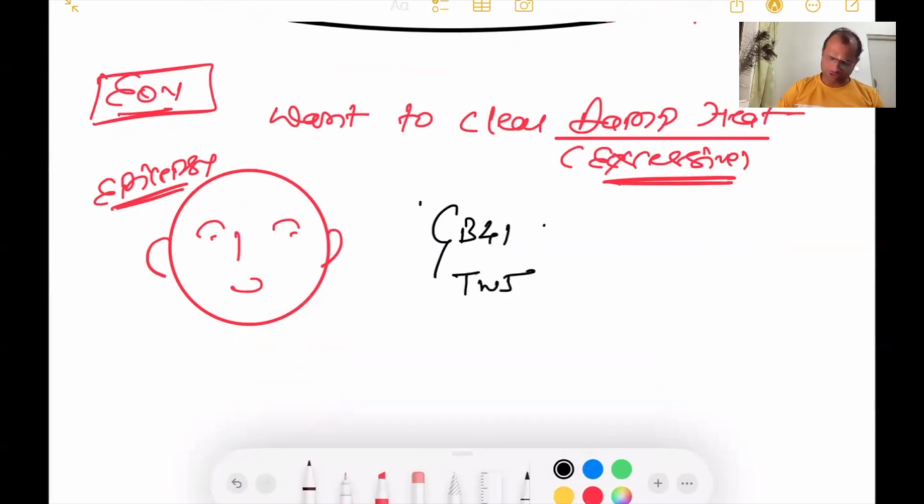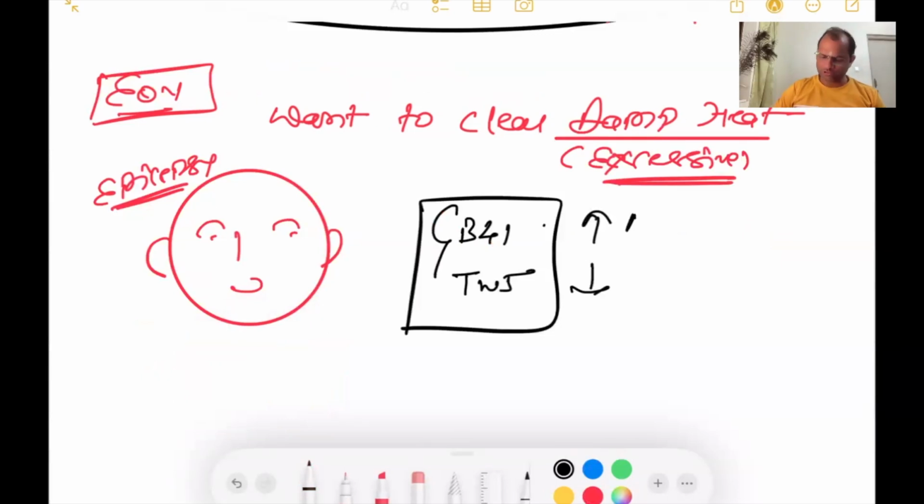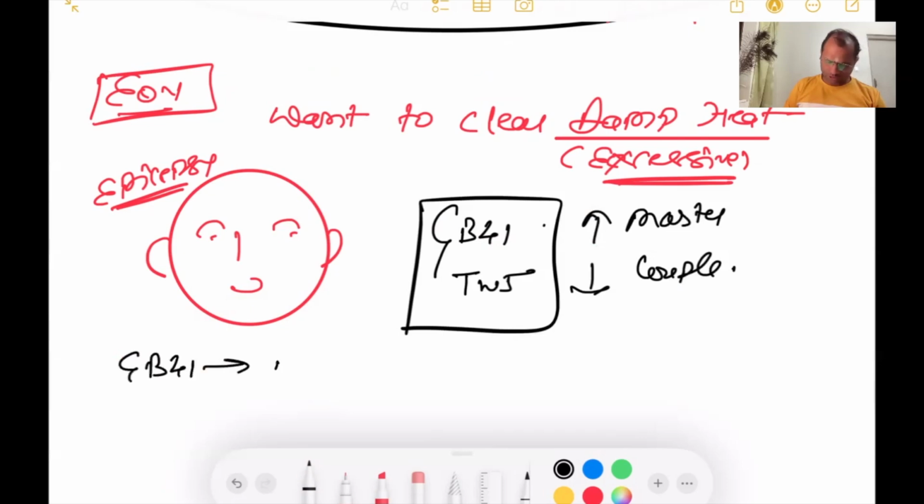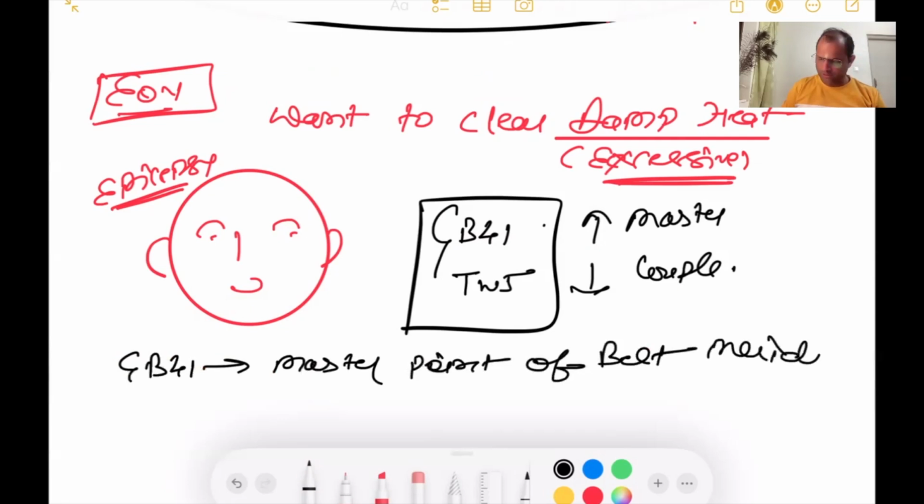This is the first couple. Tonification and sedation. We know this is on the master side and this is on the couple side. This is a very good point as per the EOB or the extraordinary vessels. We know the gallbladder 41 is the master point of belt meridian. ये हमारी बेल्ट मेरिडियन का girdle vessel का मास्टर पॉइंट है.